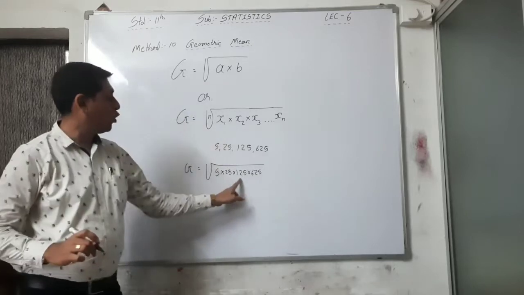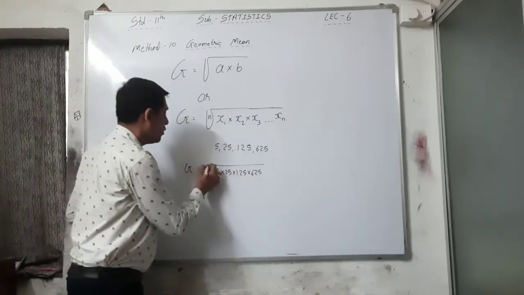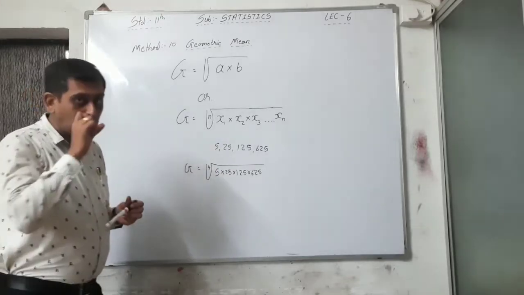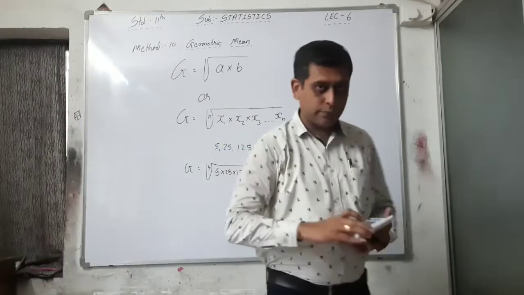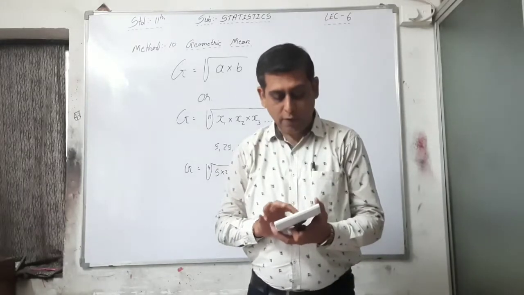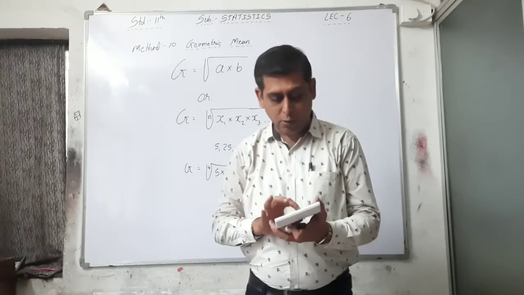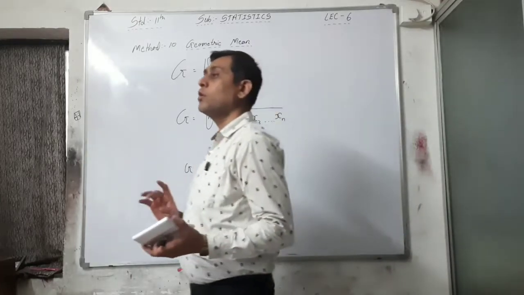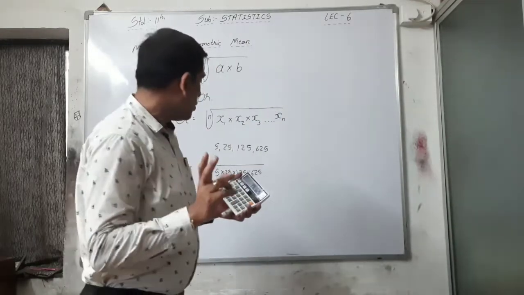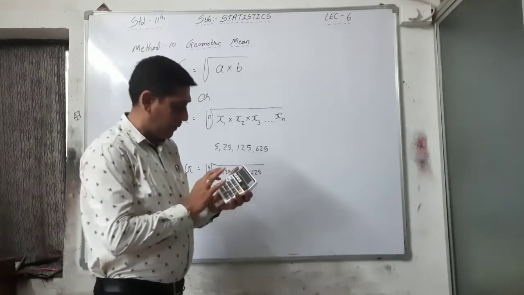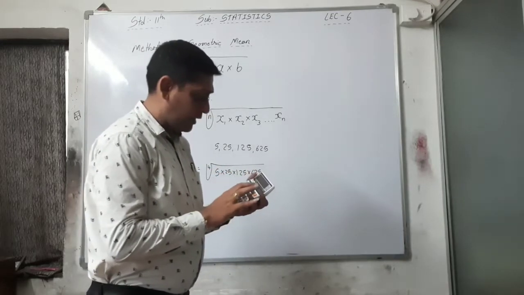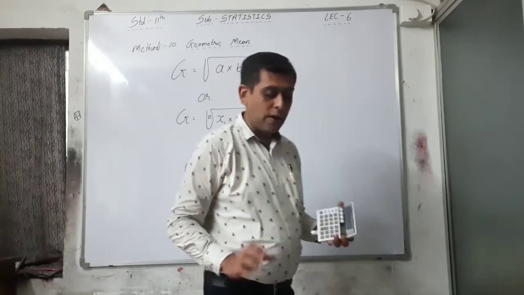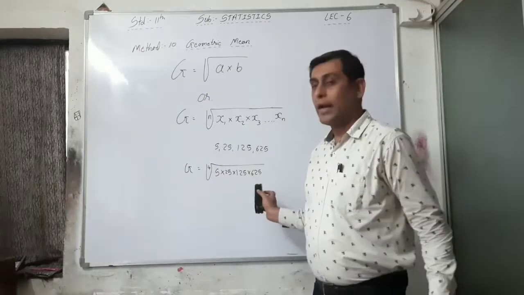There are four observations, so you write 4, that is the fourth root. How can we find that? Take 5 into 25 into 125 into 625 and find the fourth root. So take the root two times on the calculator: the first time root, then the second time root is your answer. Whenever this is asked, you have to do it like that.